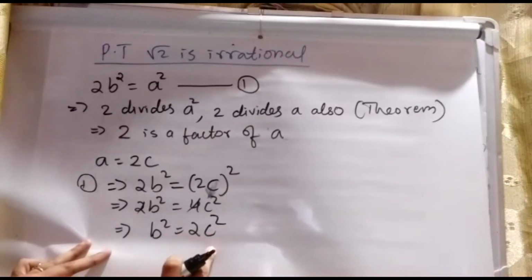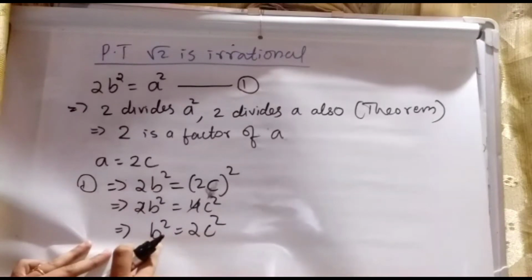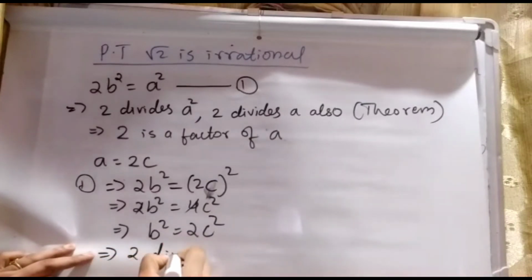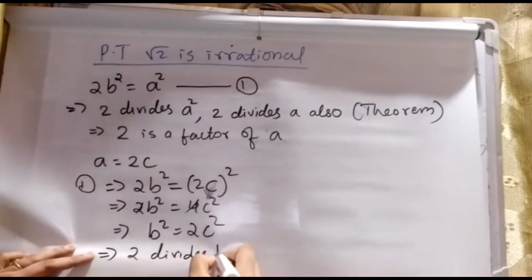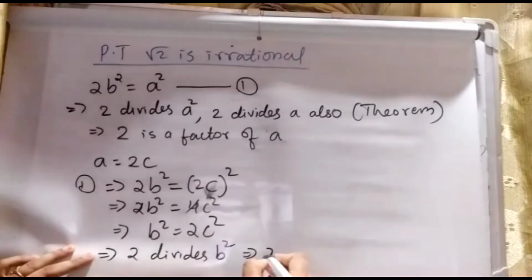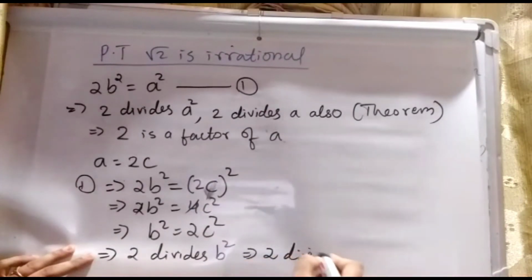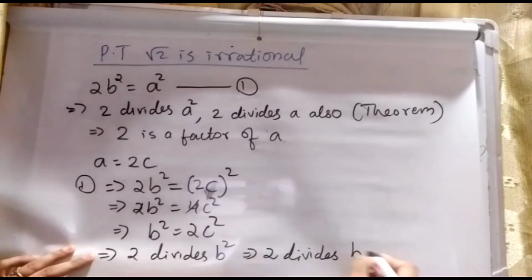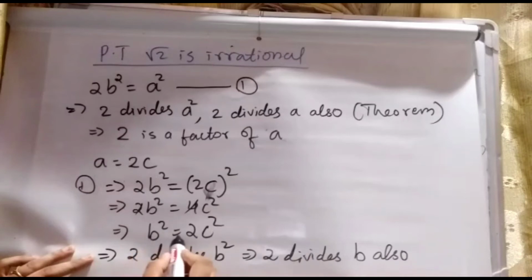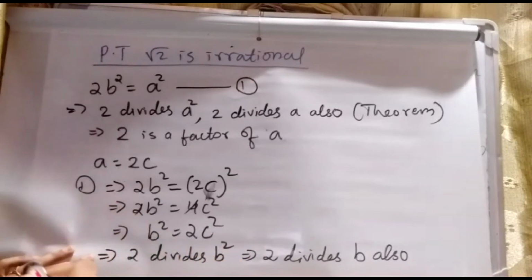b² is equal to 2c² means what? 2 divides b², which implies 2 divides what? 2 divides b also, according to the theorem. b² is equal to 2 into c² means 2 divides b².